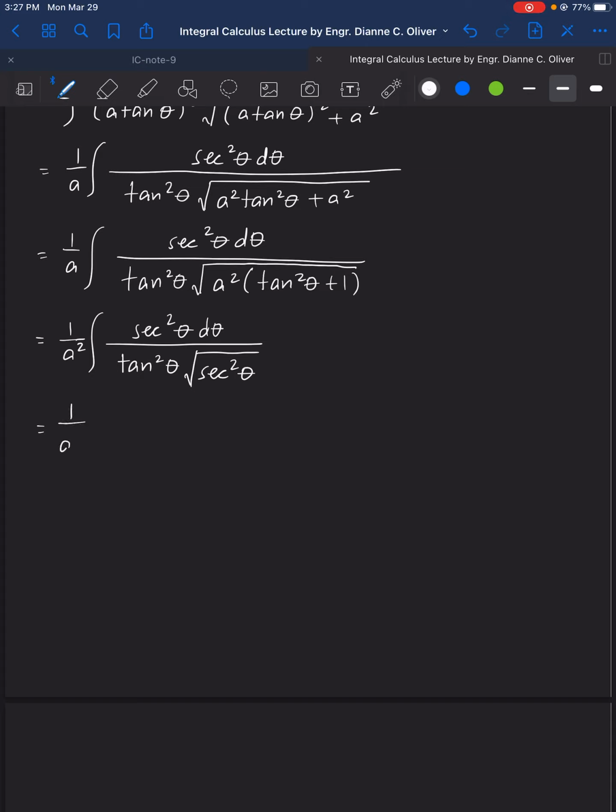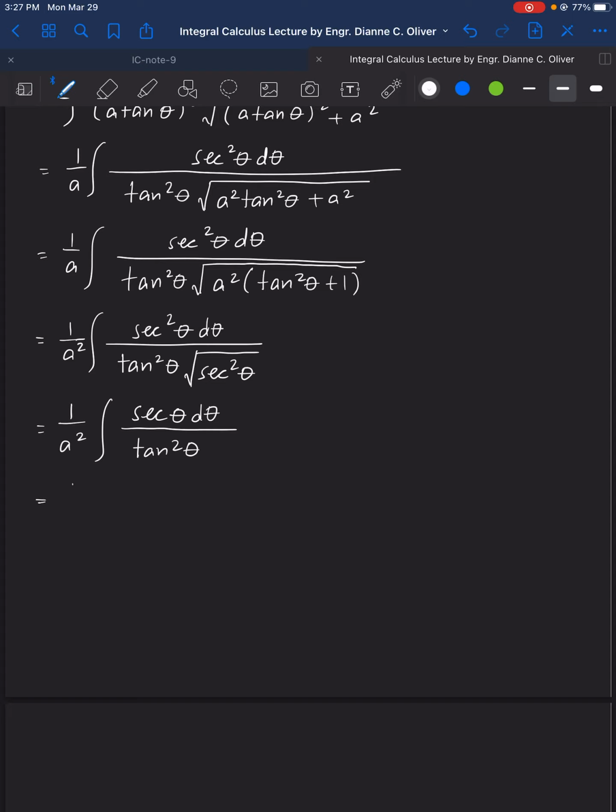So 1 over a squared. Then what is the square root of secant squared theta? That is secant theta. Then what happens here is we cancel out 1 secant theta. So what's left in the numerator is secant theta d theta all over tangent squared theta.